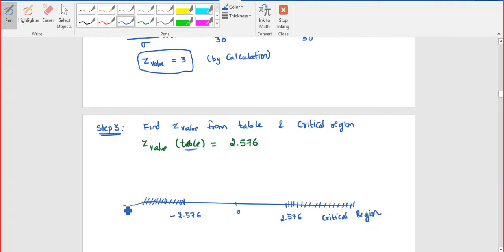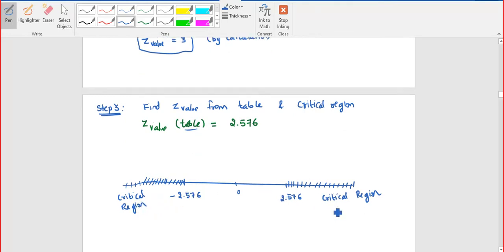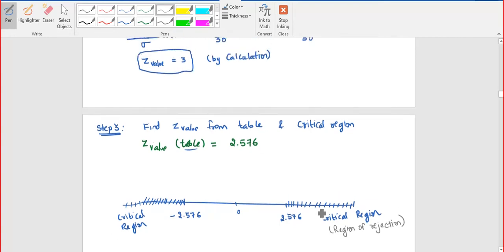This shaded region up to infinity is the critical region. What do we mean by critical region? In other words, we say the region of rejection. It means if the calculated value lies in that region, we will reject the null hypothesis. Otherwise we will accept the null hypothesis.